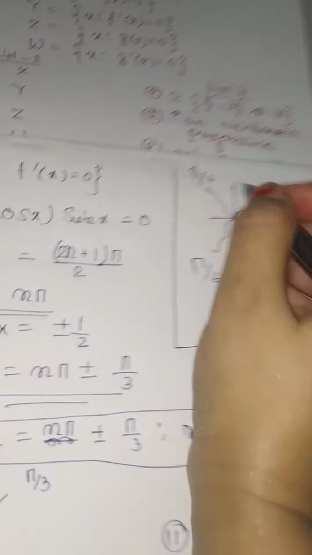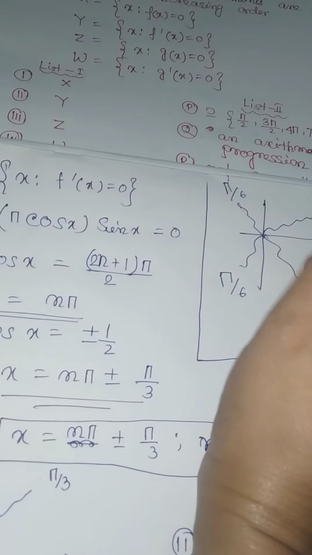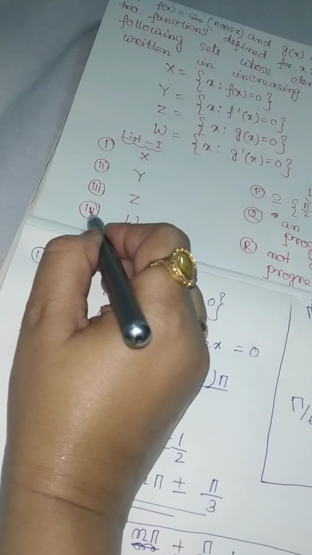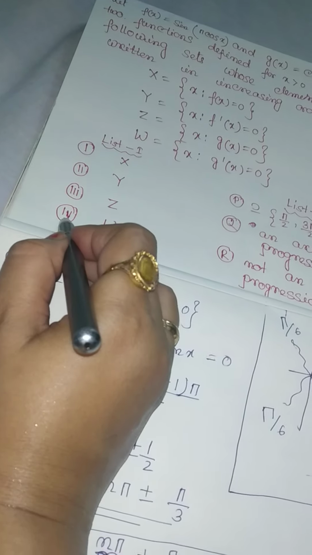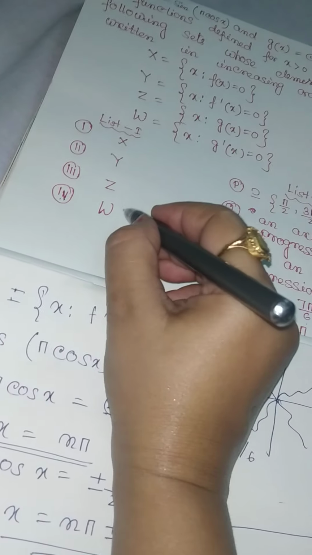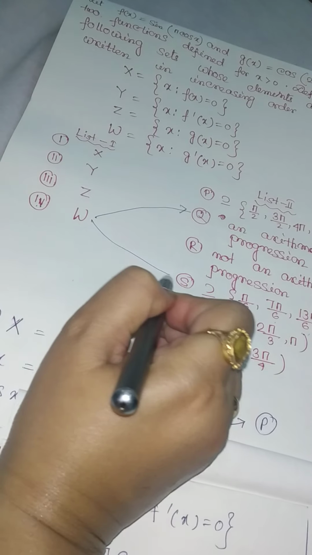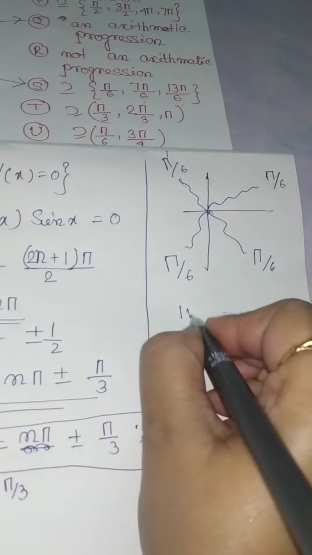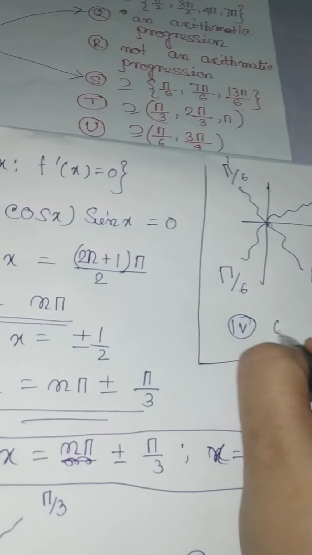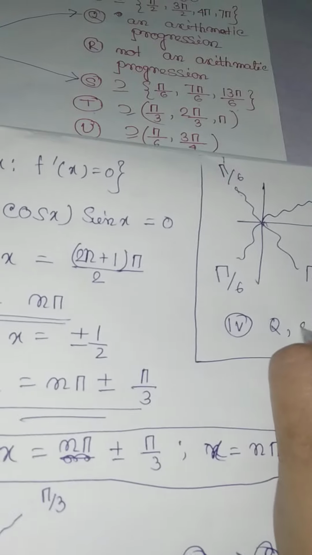Therefore, this is an arithmetic progression. Option 4 is applicable with Q, and it is also a subset of S. Therefore, option 4 is applicable with Q and S.